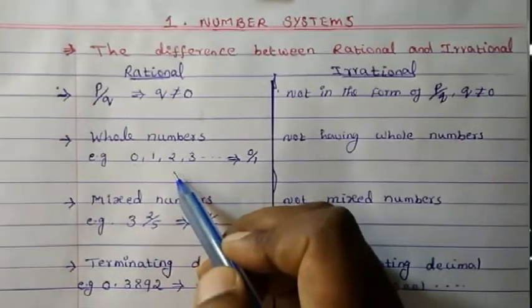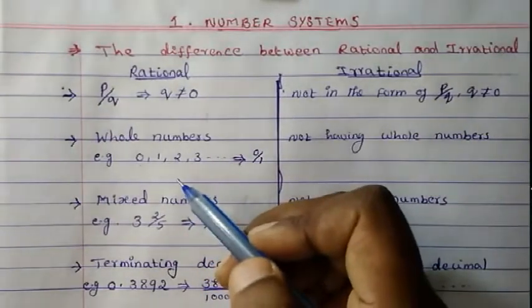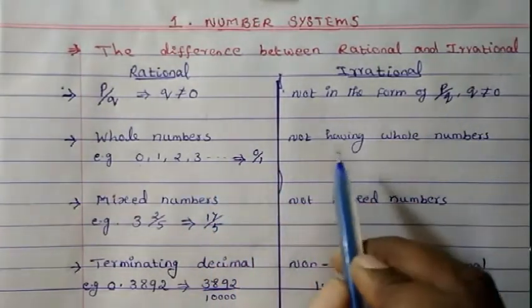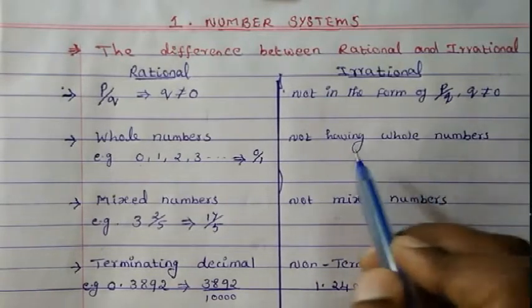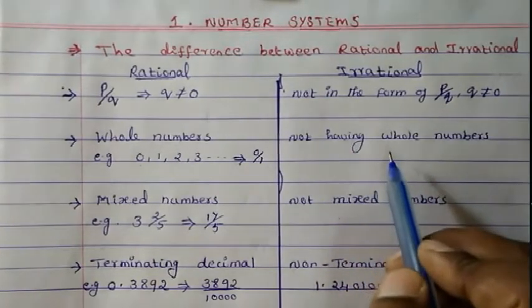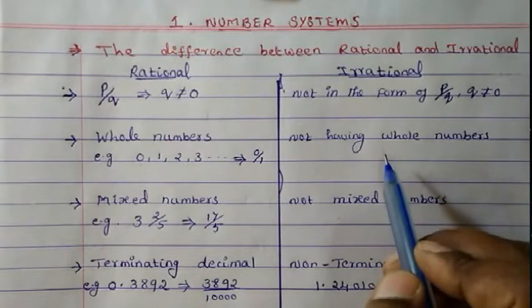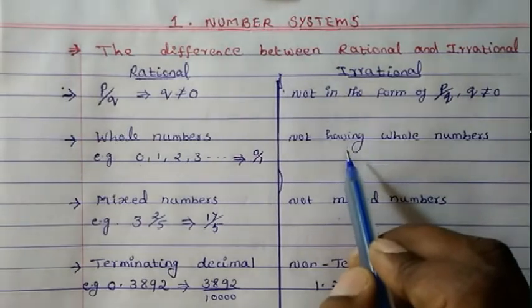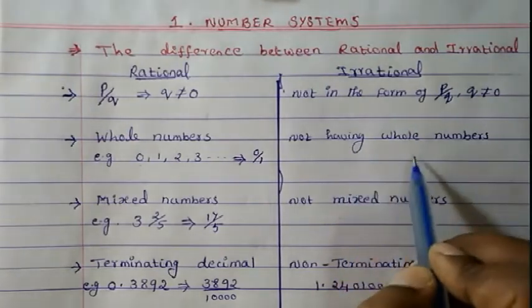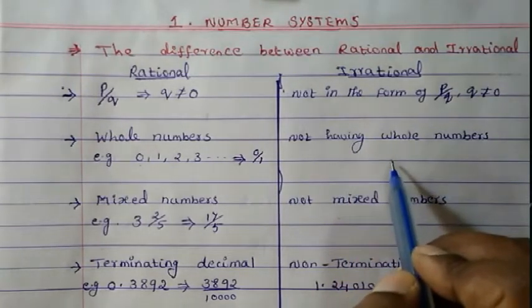So it can be written in the form of p/q. But irrational numbers are not whole numbers, because whole numbers can be written in the form of p/q. Therefore, irrational numbers will not have the whole numbers.